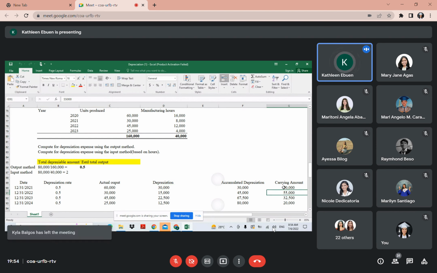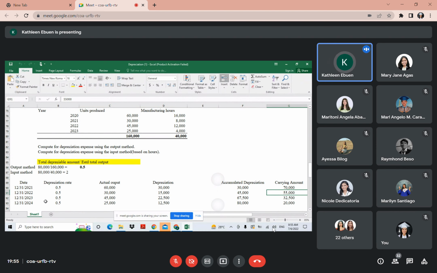Ang carrying amount natin is cost less accumulated depreciation, so 70,000. The second year, so 0.5 times 30,000 na actual output, we get the depreciation of 15,000. And then accumulated depreciation na is 45,000 kasi dalawang taon na nag-depreciate. Carrying amount natin is 55,000.